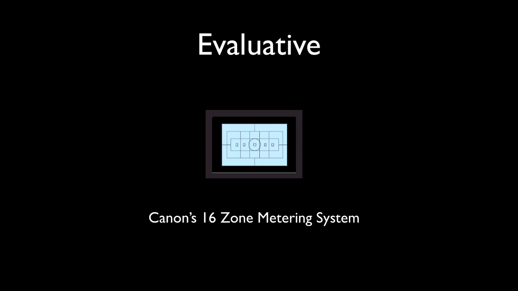So for example, if a subject was on the left of the frame or the right of the frame, the autofocus system would know that, would lock in on that subject, and based upon the camera user's pressing of the shutter release button, the camera knows that the autofocus must have picked up on the right subject.